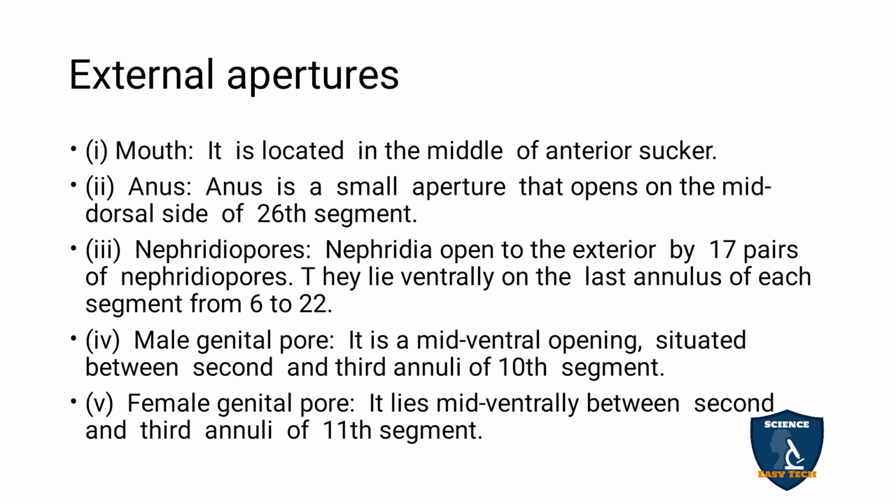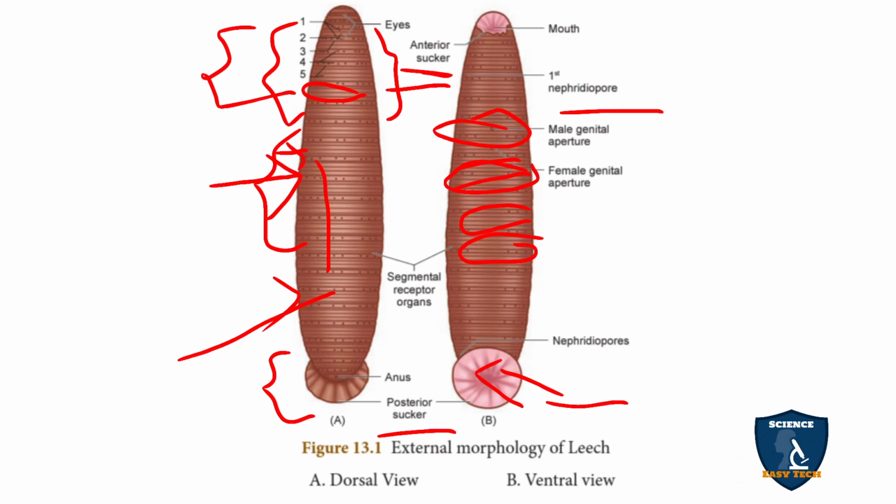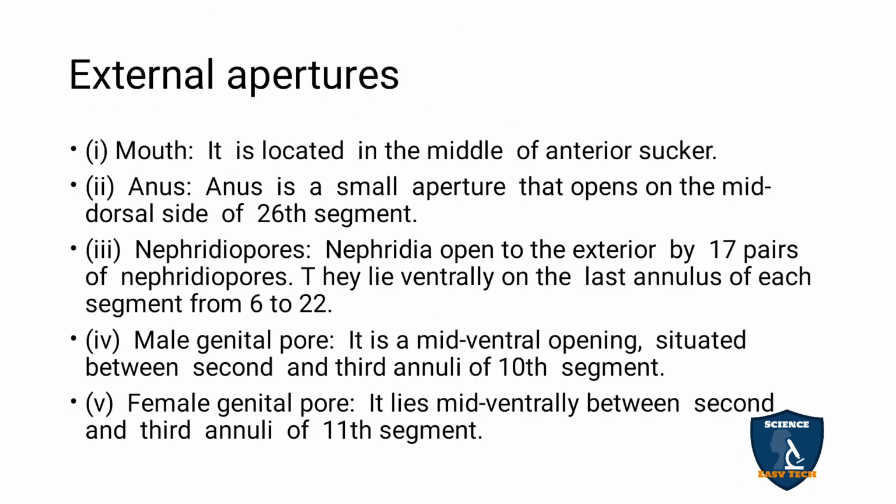Male genital pore is the male sex organ. It lies in the 10th segment, between the 2nd and 3rd annuli, the ring formations. The female genital pore lies mid-ventrally between the 2nd and the 3rd annuli of the 11th segment.